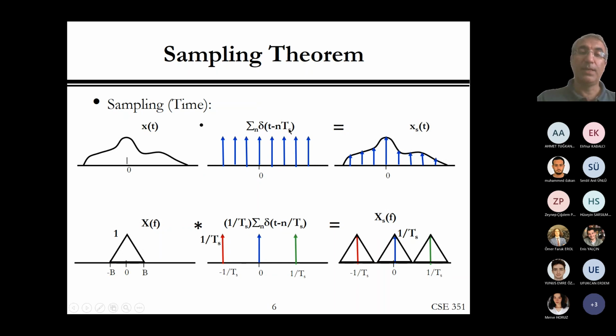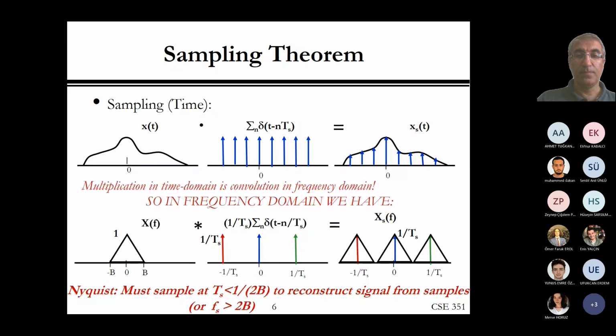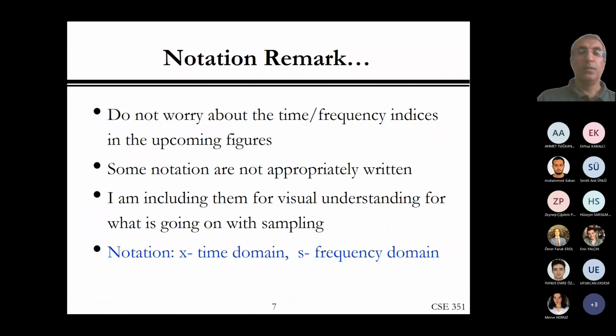So this is the sampling in time domain. If you collect the samples every Ts, this is what happens in the frequency domain. Okay, so we have some notation.